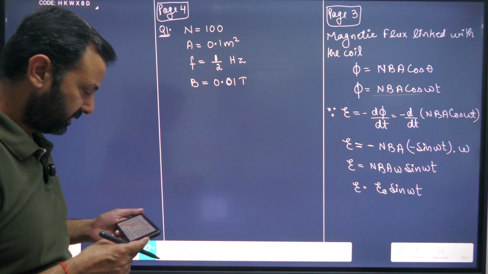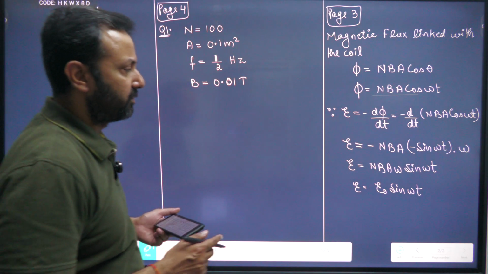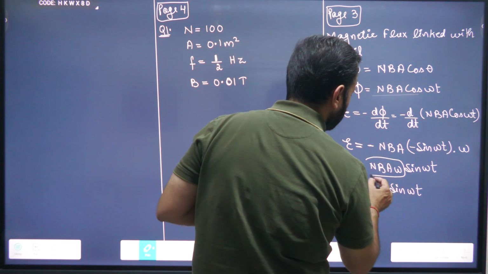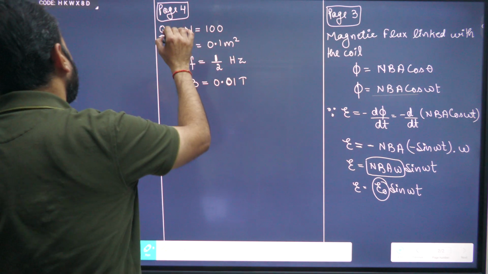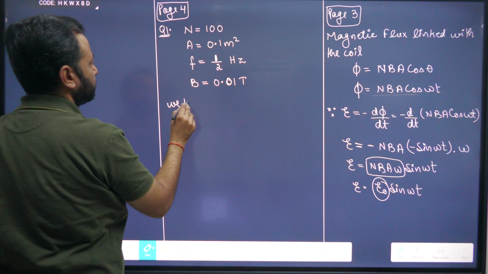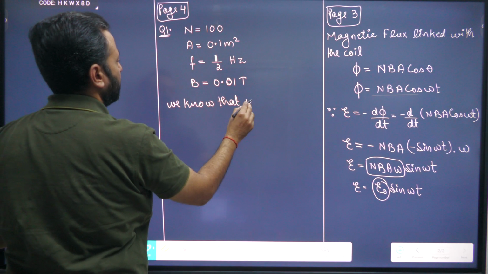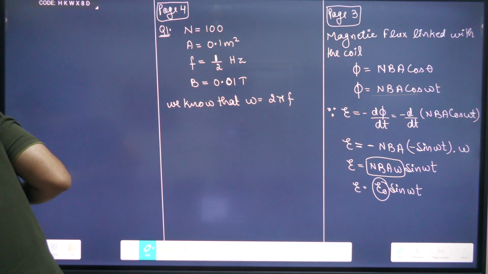What is the maximum voltage generated in the coil? Maximum voltage is this one, E naught. E naught is the peak value. And what is this equal to? This is NBA omega. We have N, we have B, we have A. Omega can be calculated. We know that omega is equal to 2 pi f.